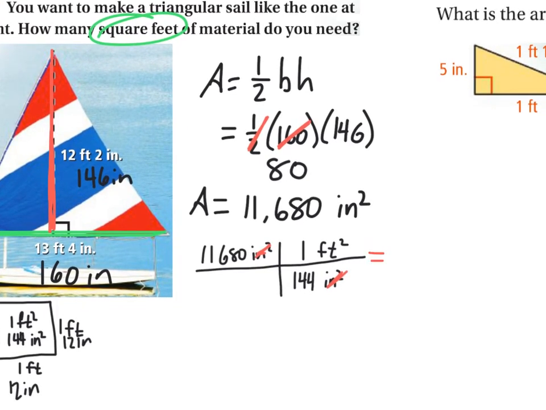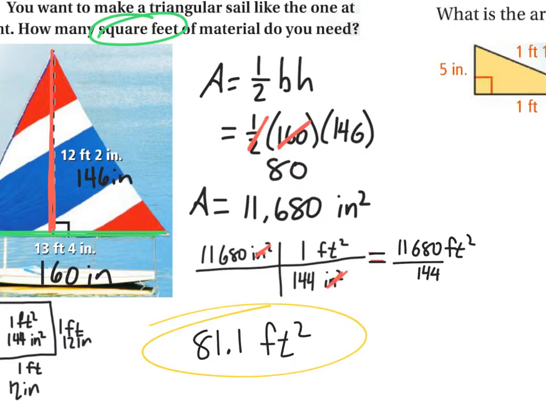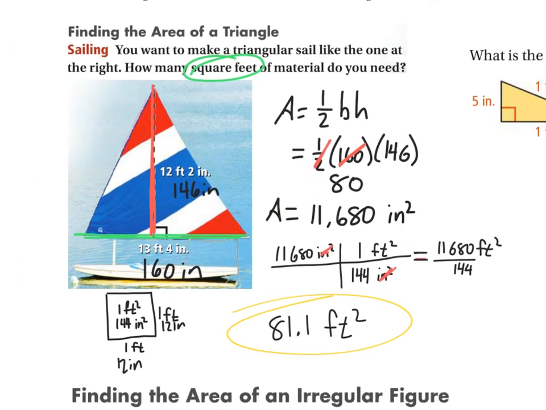And so then we have 11,680 divided by 144. So what do we get when we take 11,680 divided by 144? 81.1 square feet of material. Questions? Yes?